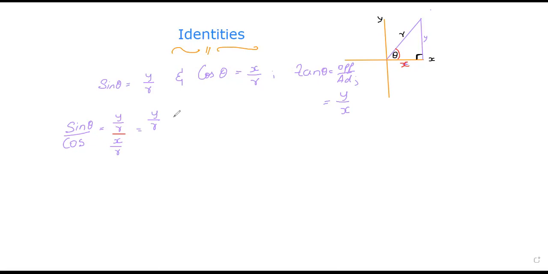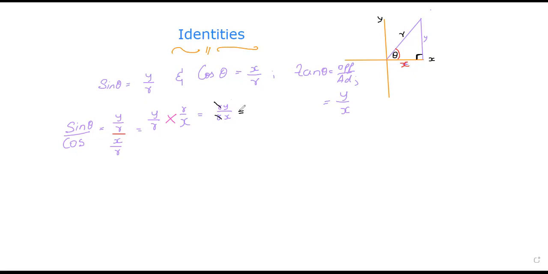We change the division sign to a multiplication, and we invert this fraction here. And this will give you R over R, or RY into RX. R will drop.